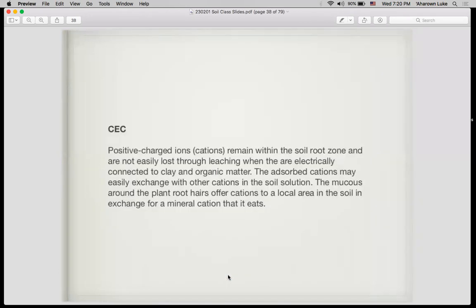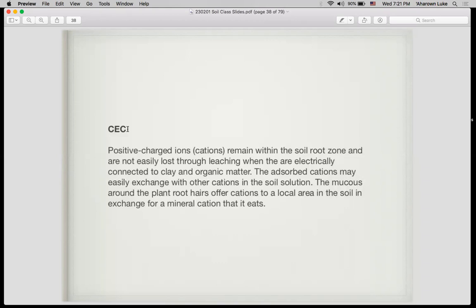Okay, now I've talked about cation exchange capacity. This is a really cool thing, the way that it works, because cations are exchanged within the soil root zone, and they're not easily lost through leaching with water because they're electrically connected to the clay and organic matter.